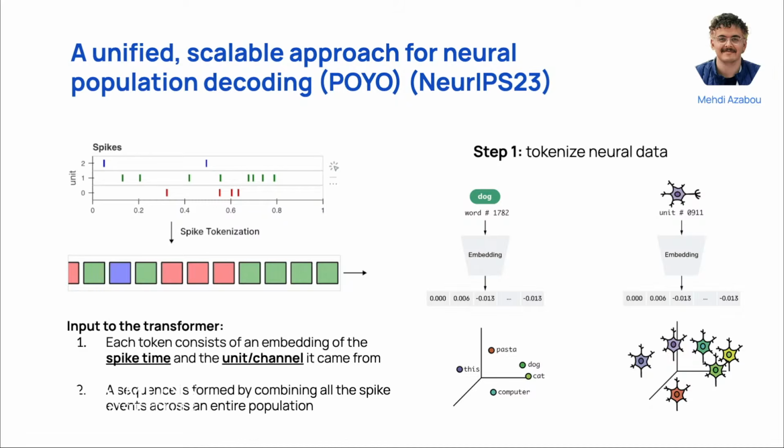Neurons aren't constantly firing, and over the whole extent of time, we might have a small amount of underlying neural activity relative to the number of time steps, let's say, if we were to discretize. And so our main contributions first was just figuring out how to tokenize this data.